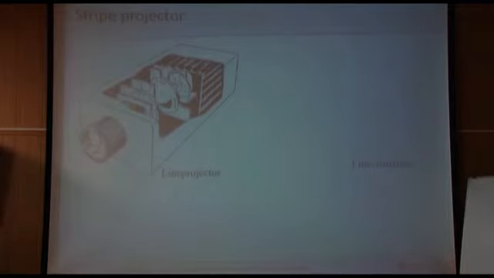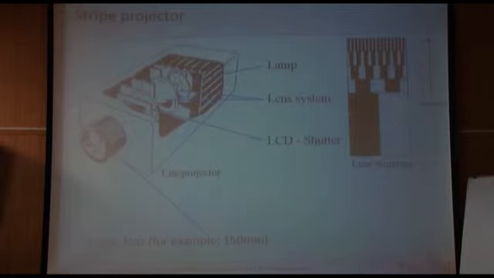So the easiest way of these line projectors is a gray-coded strip projector. It is time-coded, so one pattern is projected one after the other. So you have a lamp, you have a lens system, you have an LCD shutter like the projector we are using now, and this produces kind of this pattern.